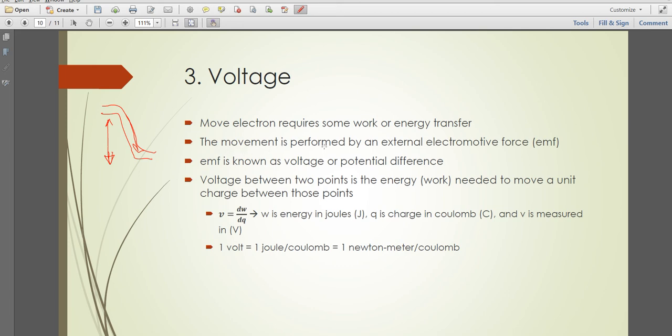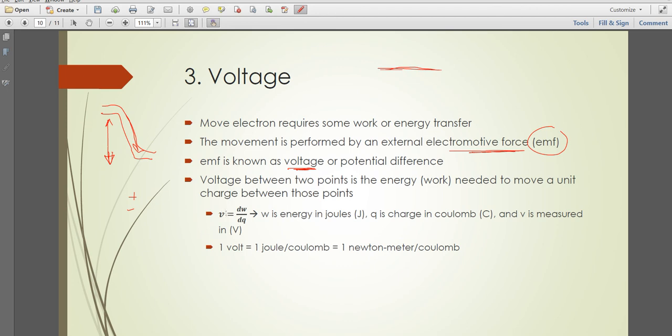Okay, the movement is performed by an external electromotive force, and we call it EMF. This is what we call voltage. It's a difference of potentials, plus and minus, for example. If you have plus and plus, nothing will move. It's like flat ground, so the water will not move unless you push it. You have to create another potential to push that water from one side to another.